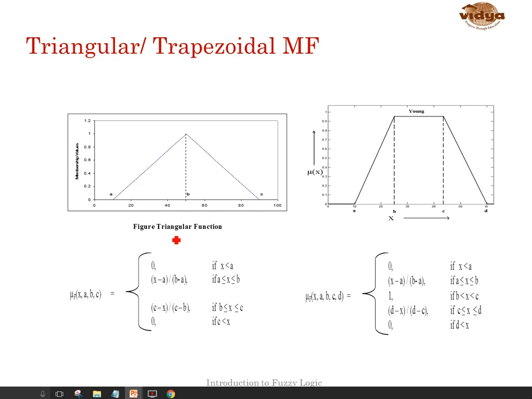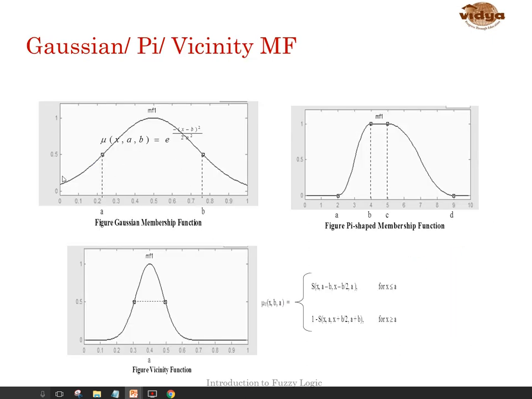If x is less than A, it is 0. If x is between A and B, you take the slope equation, and the reverse slope goes between B and C, and 0 beyond. Similarly, the trapezoidal has similar equations: four steps, four equations, and here five equations. The Gaussian is represented in this form, pi in these forms, and then the vicinity function.